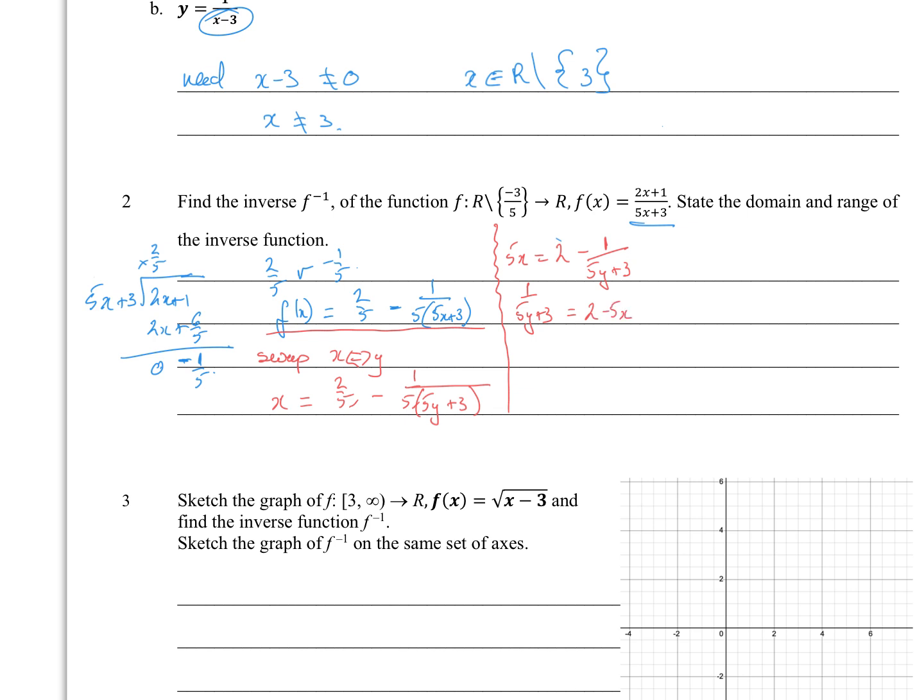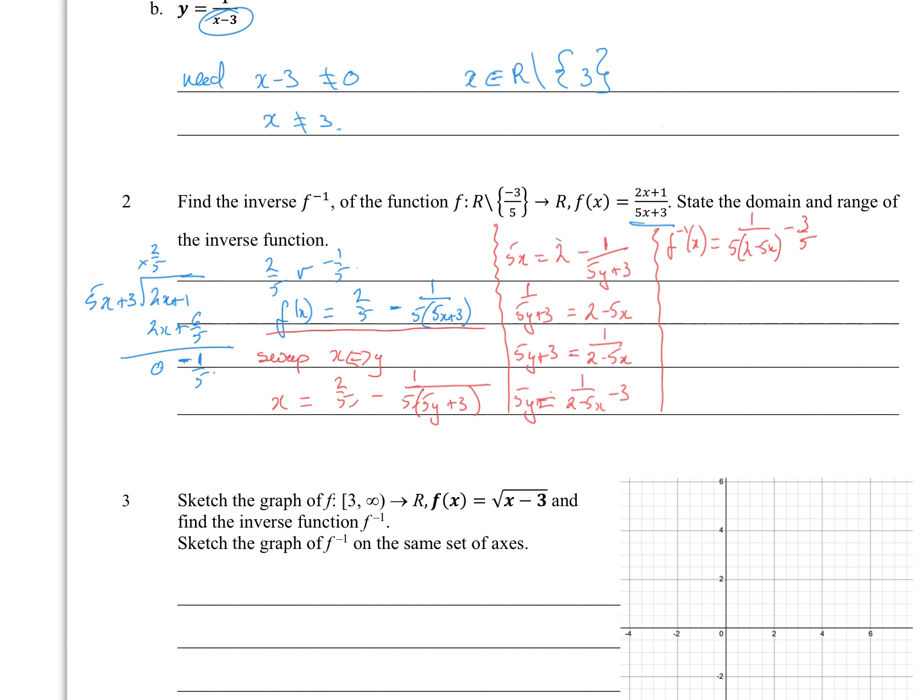Flip it upside down, I get 5y plus 3 equals 1 over 2 minus 5x. 5y equals 1 over 2 minus 5x, minus 3. Finally, we'll divide by 5, and that's my inverse function. So I'm going to say f inverse of x is equal to 1 over 5 times 1 over 2 minus 5x, minus 3/5.